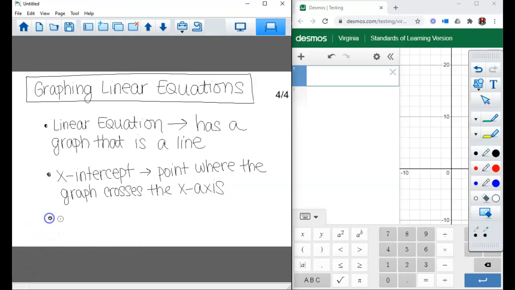And then we are also going to be talking about a y-intercept, which is the point where the graph crosses the y-axis.